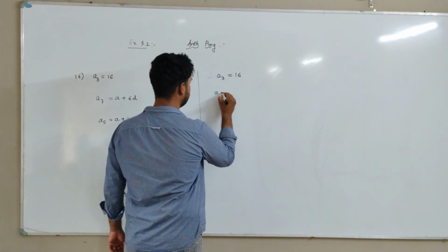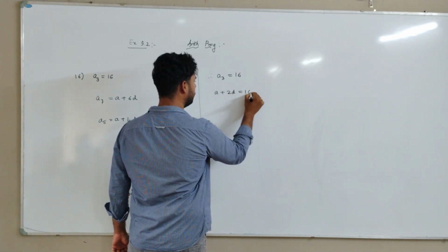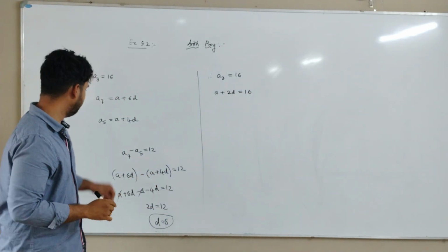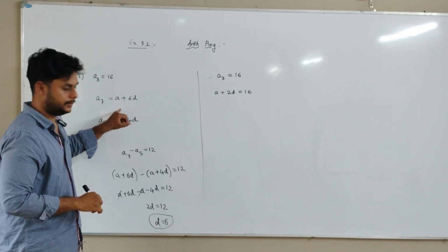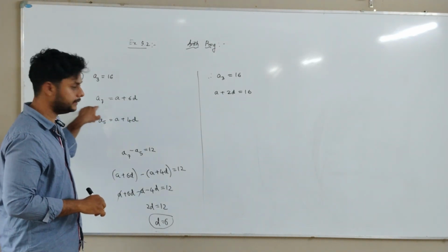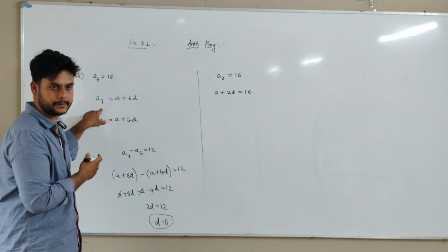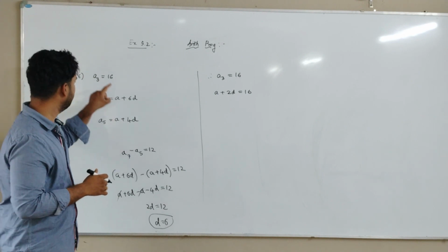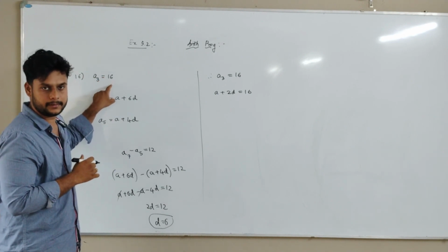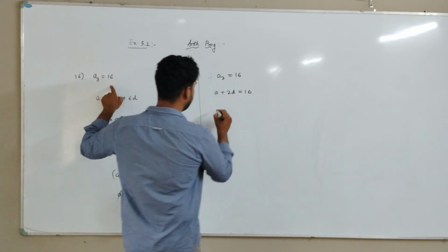A plus 2D. A plus 2D is equal to 16. If I put D here, will I get A? I don't know A7, I can't find A. The only way is trying to put it here. Correct? So A plus 2D is equal to 16.